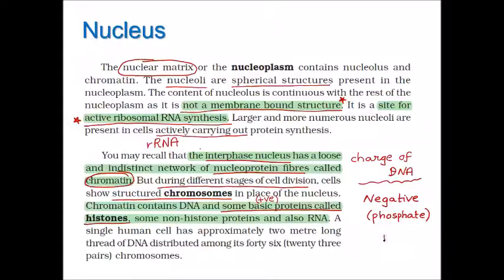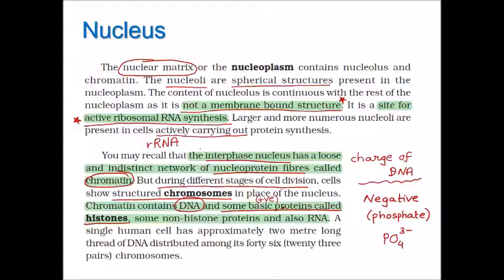Phosphate groups you have studied in smaller classes, PO4 3 minus. So the charge of phosphate group is negative. So DNA is made up of lots of phosphate groups. Because of so many phosphate groups, the overall net charge of DNA will be negative. And that is why this negatively charged DNA can bind to positively charged proteins. You have studied earlier, negative and positive, they'll have a strong attraction. If they are of the same charge, they will repel.